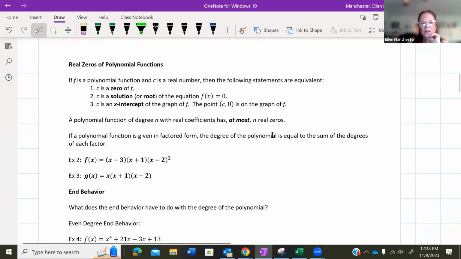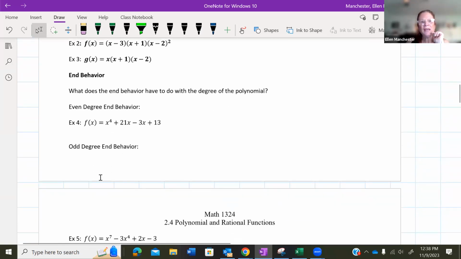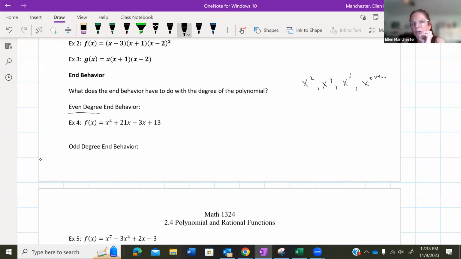Let's see, we got that. Okay, end behavior. I'm going to break this up super easy. If it's an even degree, so I have x squared, x to the 4th, x to the 6th, any even exponent. When we're talking about end behavior, we're talking about what's happening at the ends of the graph.